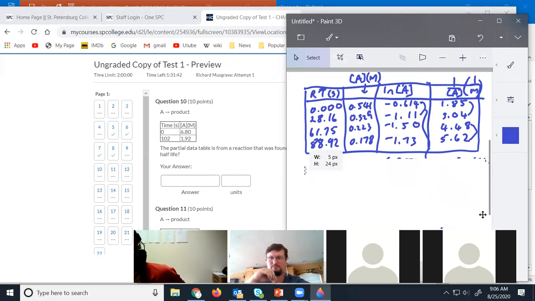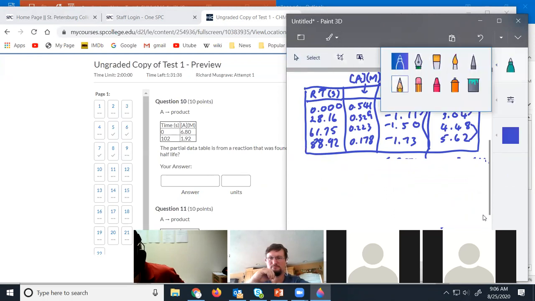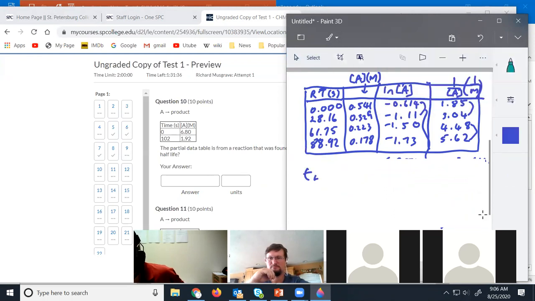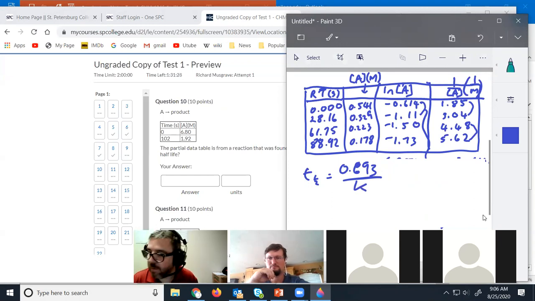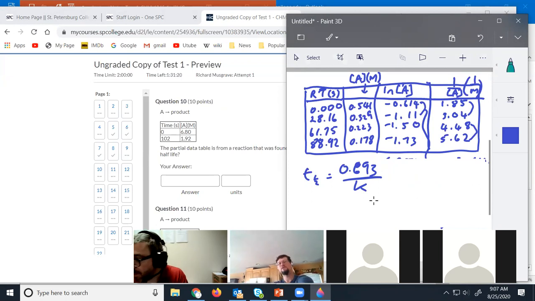Well, in that case, the half-life is 0.693 over K. This one doesn't even depend on the initial concentration of A, so you just need to find K, which is going to be the negative slope.